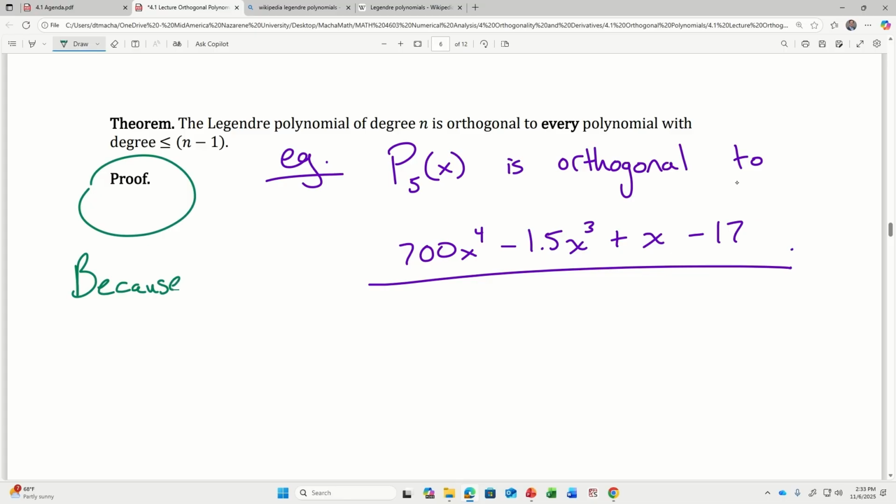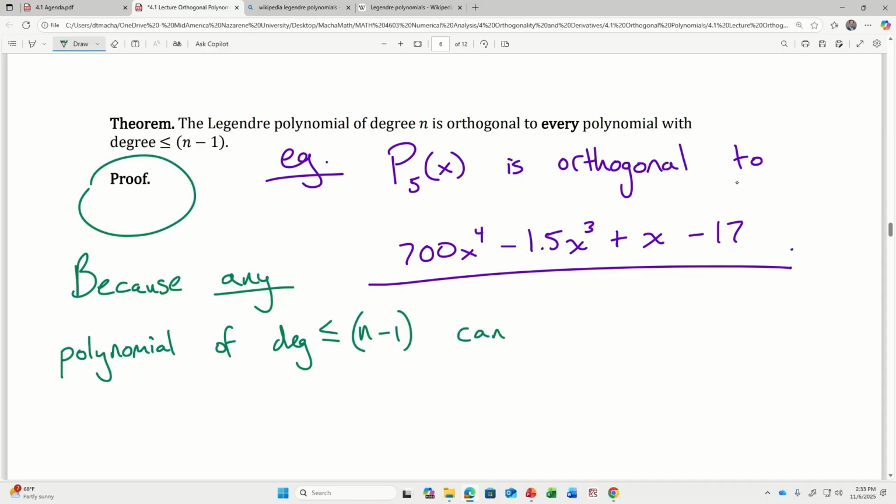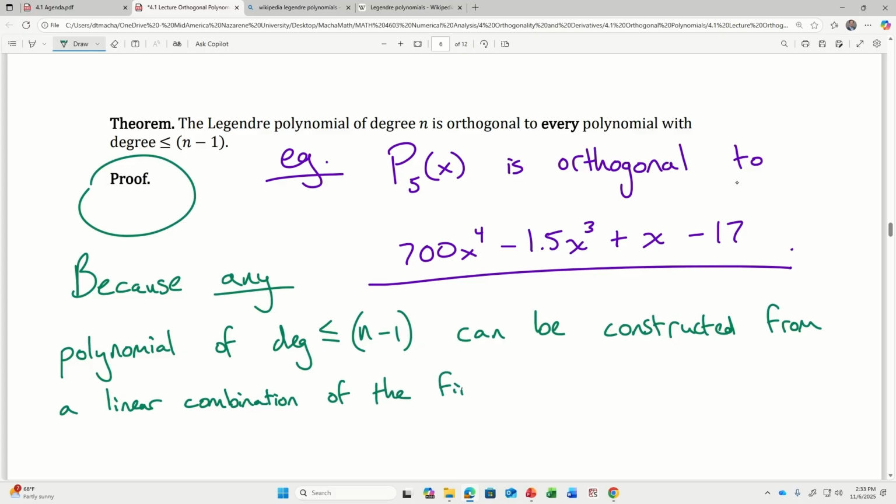But if you wonder why, like why could that possibly be true? Because any polynomial of degree less than or equal to n minus 1 can be constructed from a linear combination of the first n Legendre polynomials.